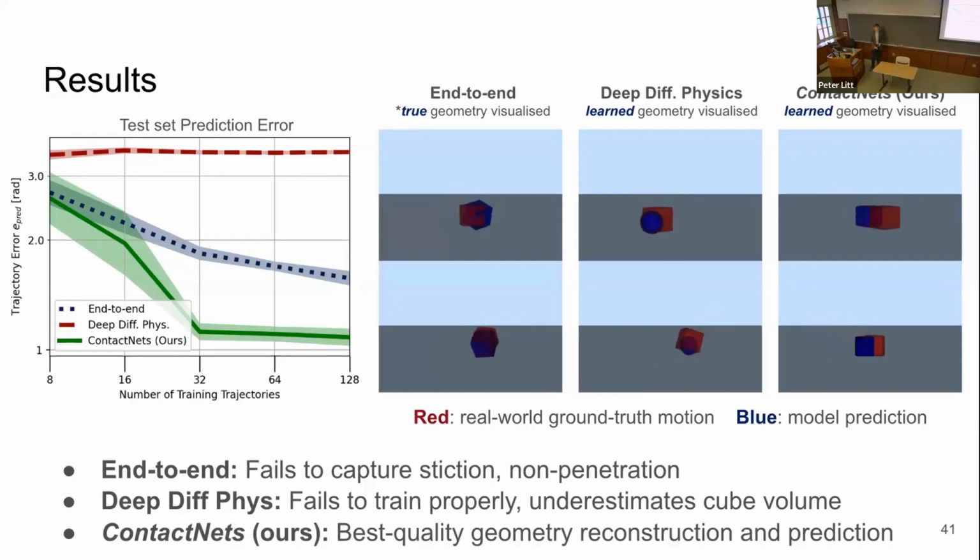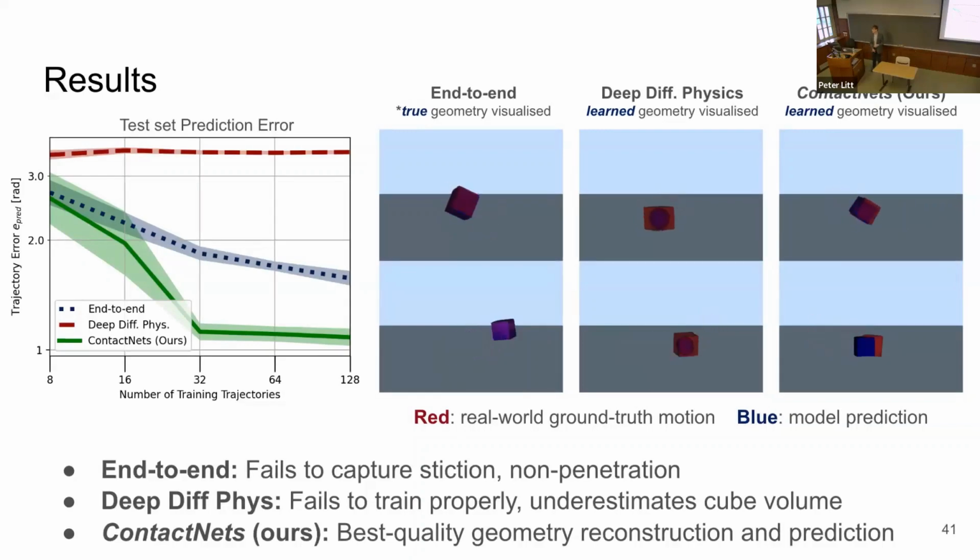But because prediction error is very difficult to optimize, we find that they consistently fail to recover ground truth geometry. Specifically, they have a tendency to underestimate the volume of these shapes, and in particular, they end up looking quite round as an inner approximation of the cube. As a result, they predict motion that has much more rolling rather than sliding and coming to a rest.